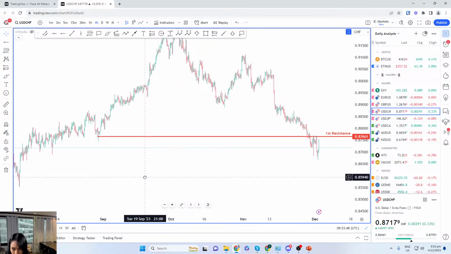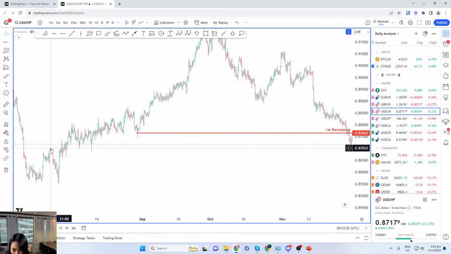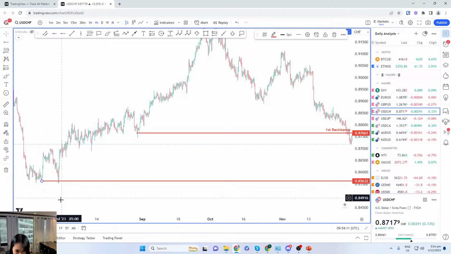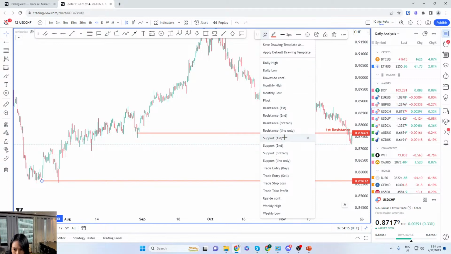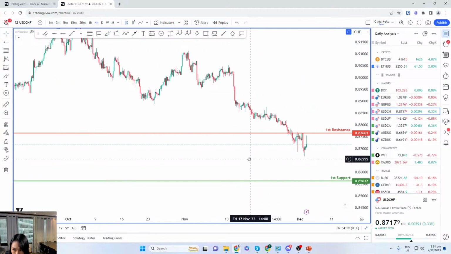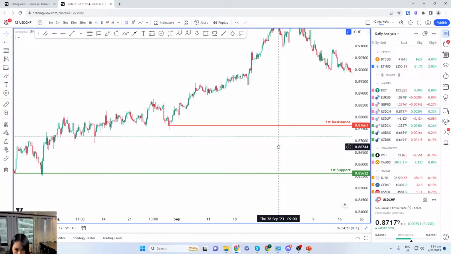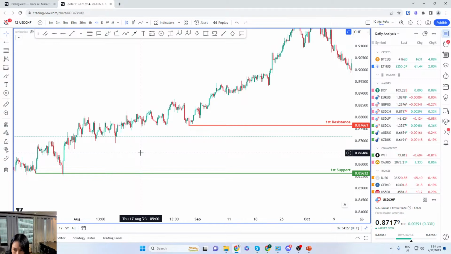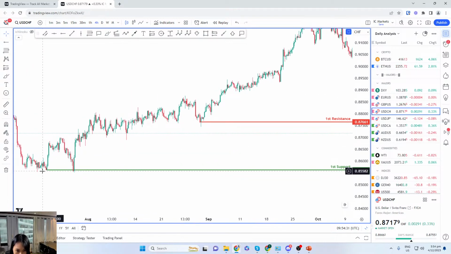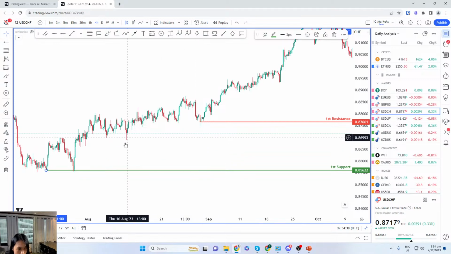I got to make it a little smaller. So for the support level, I've chosen this as my first support level. It's a swing low support, multi swing low.